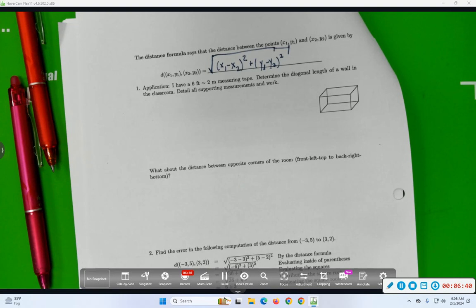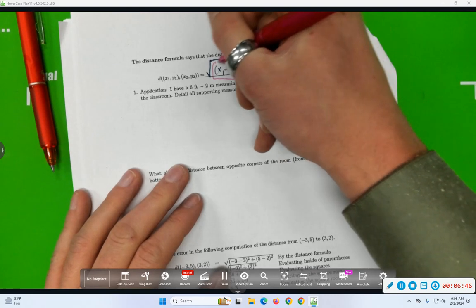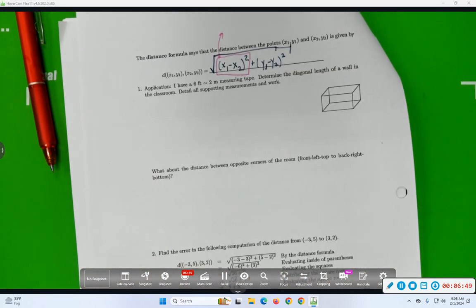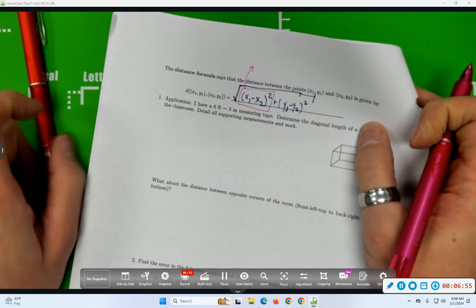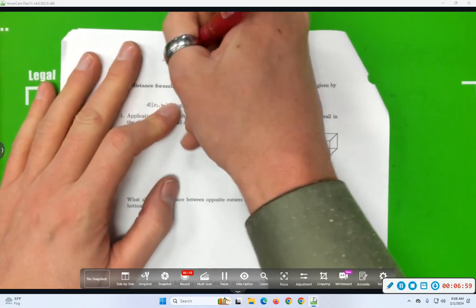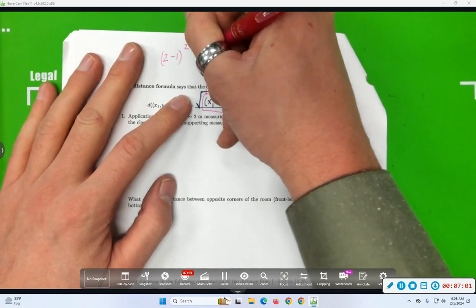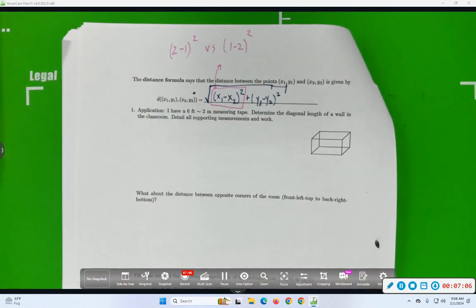Awesome. Let's talk about whether or not it matters. Let's focus on maybe even just a single ingredient. Let's imagine that you swapped the order of those. Maybe we'll even be explicit. On the previous page it was 2 and 1, right? Those were the x values. So 2 minus 1 squared. The other one would have been 1 minus 2 squared.